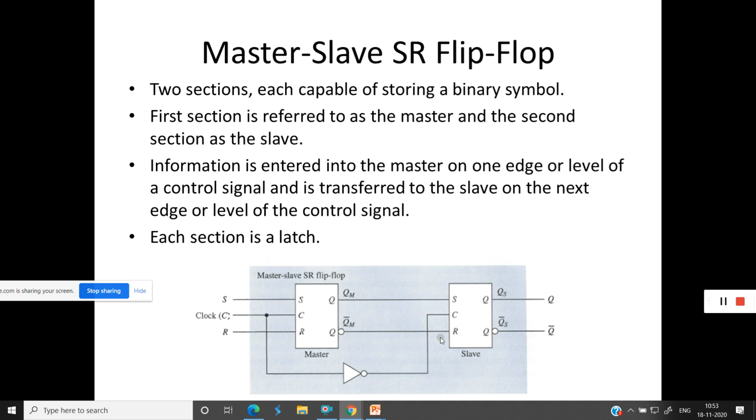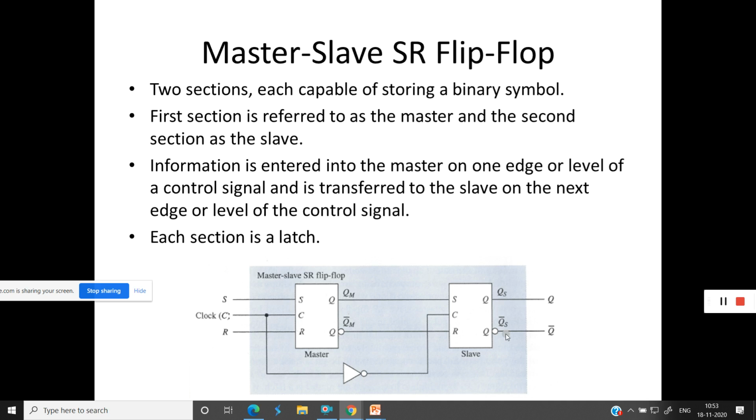It is constructed using SR latches. You can see the master is an SR latch, and the slave is also an SR latch. The information is entered into the master on one edge or level of a control signal, and then the information stored in the master is transferred to the slave on the next edge or level of the control signal.